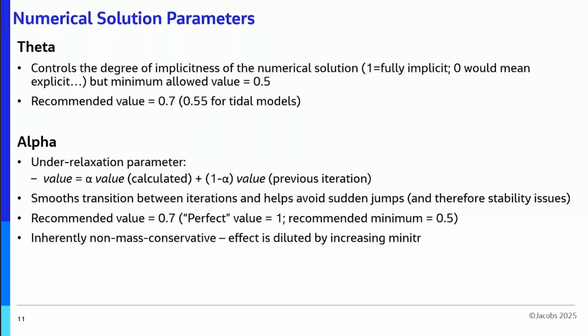Effectively, the solver goes to the trouble of calculating a solution, but you don't use it 100%. You take a proportion of the previously calculated solution, from the previous iteration. The value indicated could be either the calculated head or flow.